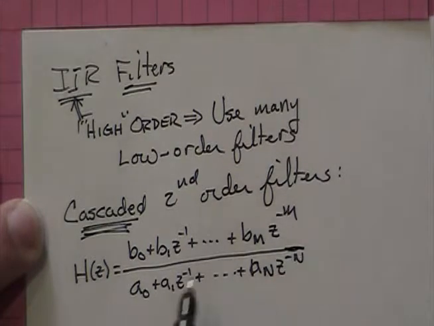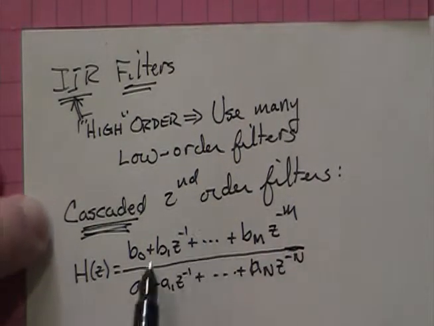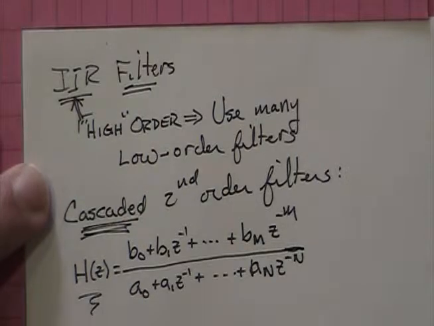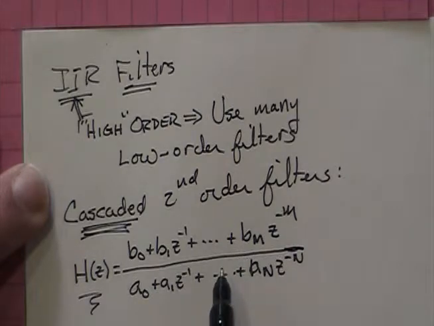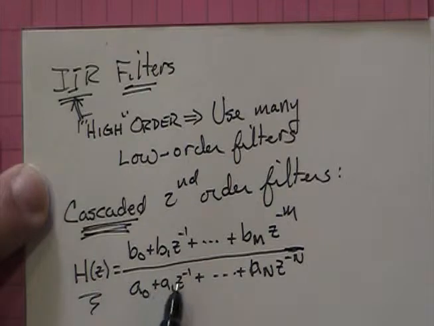If I start looking at rounding error on these, the frequency response of this filter depends on the location of the poles and the zeros, the roots of these polynomials. You've done this in your lab where you were hand placing roots, and that tends to be pretty sensitive. It doesn't take much of a change in the location of the roots to make a big change in your transfer function, particularly with poles out near the unit circle. Moving one just a small amount can make many dB difference in the gain of the filter, or it can make it go unstable if we move across the unit circle.